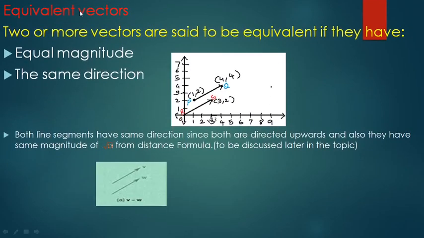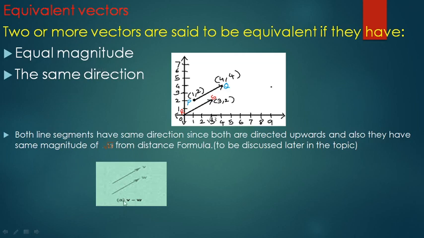Now, equivalent vectors are vectors that have equal magnitude and the same direction. So for the vectors to be equivalent, they must be pointing towards the same direction and they must have the same magnitude.